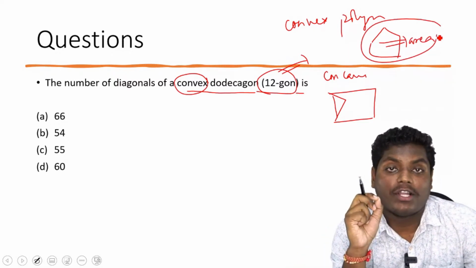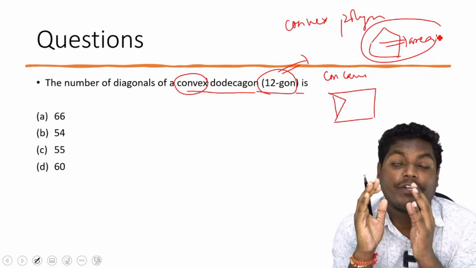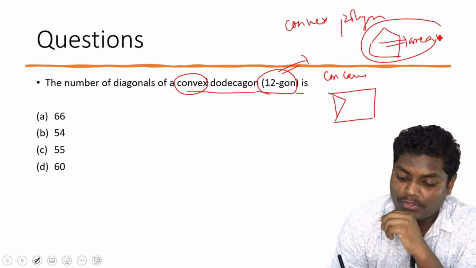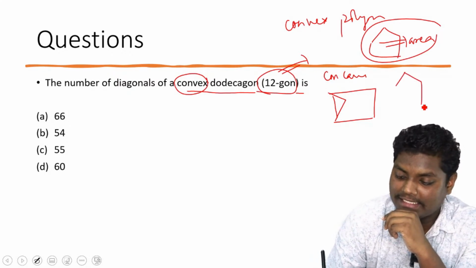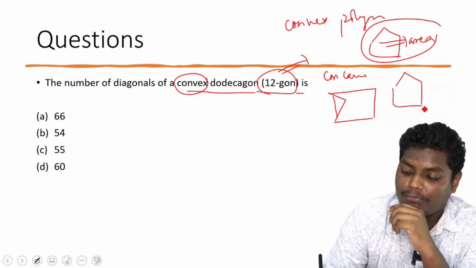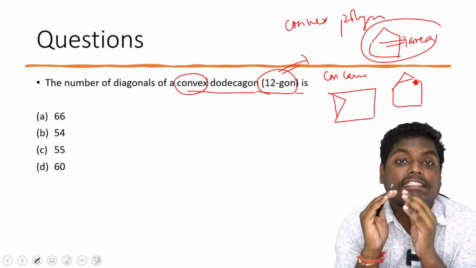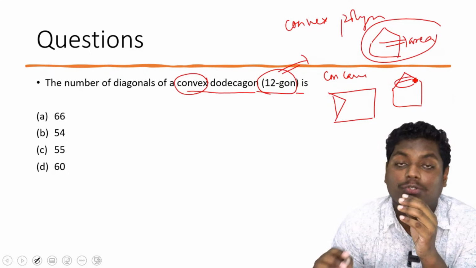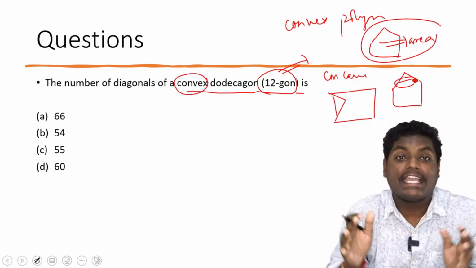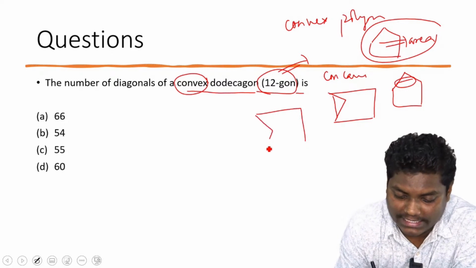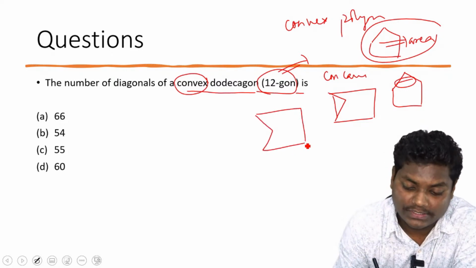For a convex polygon, the condition to differentiate between a convex polygon and a concave polygon is, suppose this is the pentagon we have. If you draw a line segment joining two adjacent sides, then this line should come in between or in the area of the polygon. So if this is the polygon we are drawing, this is a convex polygon.